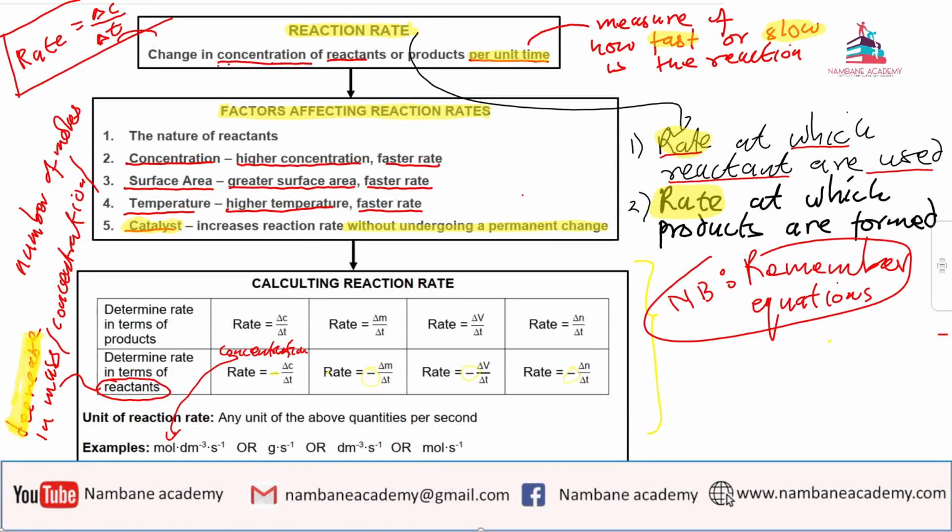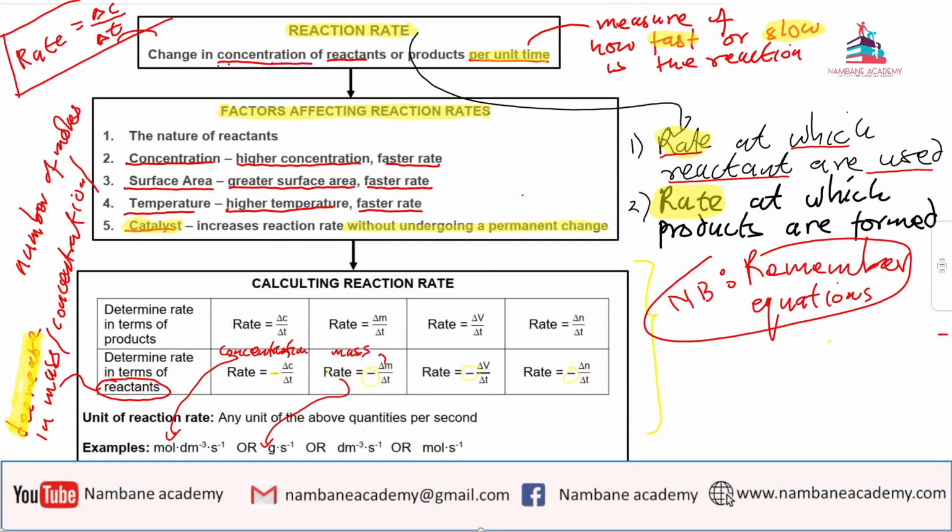Furthermore, if I am given the mass, it will just be change in mass over time, which relates to the second equation, because we know the SI unit of mass is grams and the SI unit of time is second. So according to the definition itself, the correct SI unit should be grams per second.